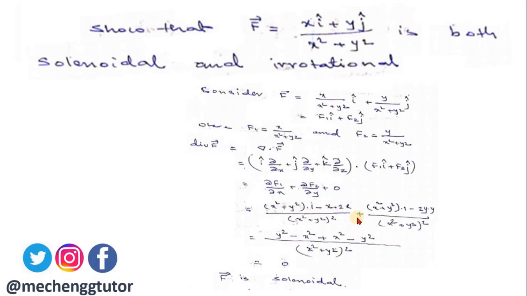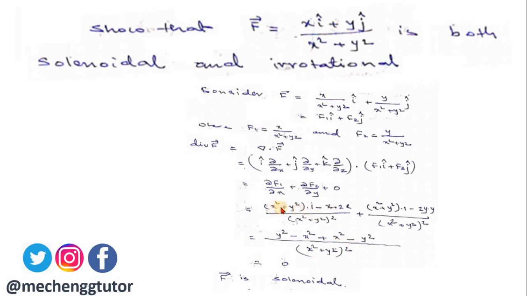Plus similarly F2 with respect to y. Now y is there in numerator and denominator, here also I have to apply u by v. (x square plus y square) the whole square, (x square plus y square) into derivative of numerator 1, minus numerator as it is into derivative of denominator 2y. Denominators are same here, (x square plus y square) the whole square.